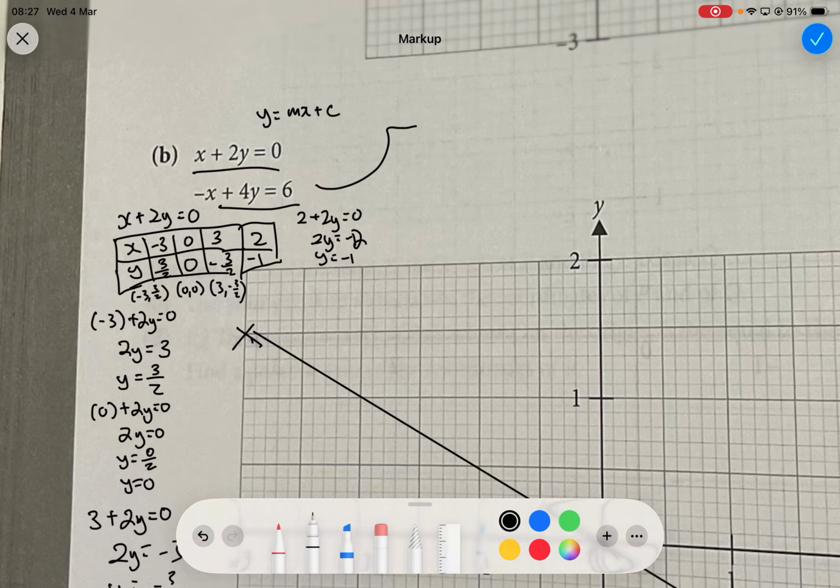Meaning, from here, I don't want the minus x to be on the left. I want the minus x to go the other side, because in the end I want y by itself. So 4y equals to 6 plus x.